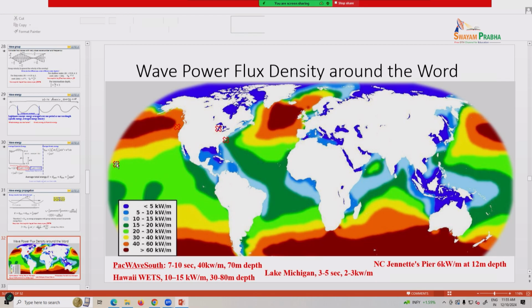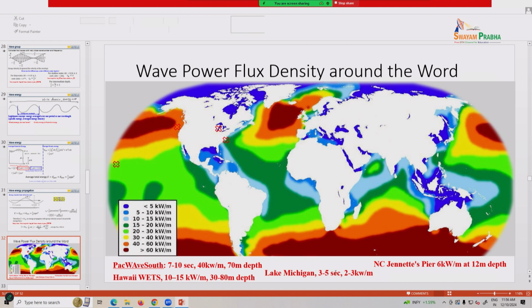Here, Hawaii, there's a functional wave energy test site. Okay, the average wave energy flux density is 14 kilowatts per meter, and there are two sites. One is 30 meters depth, another 80 meters depth.